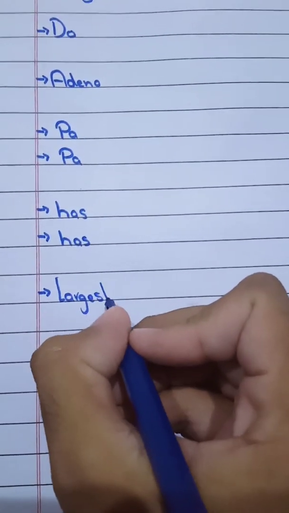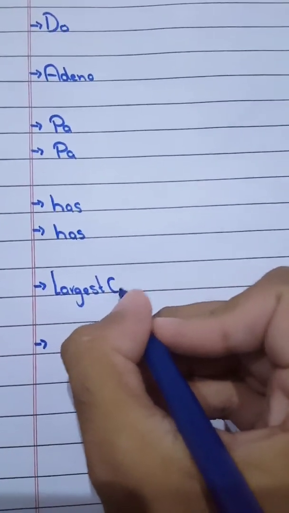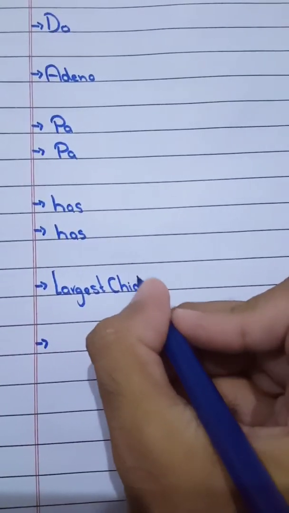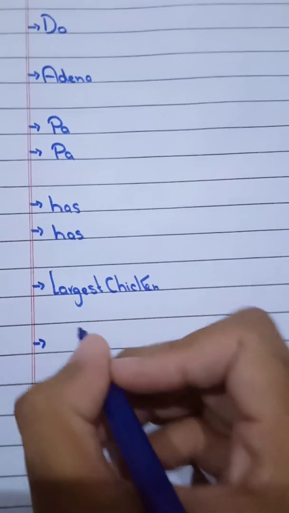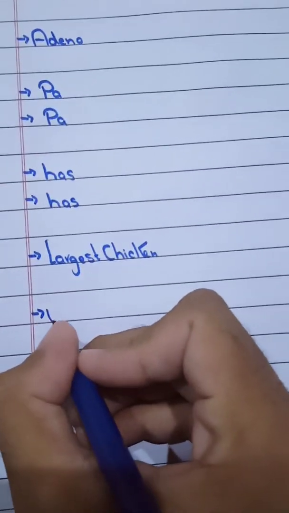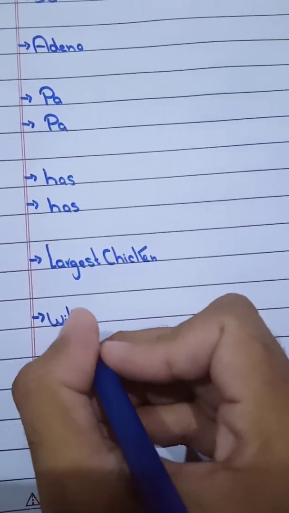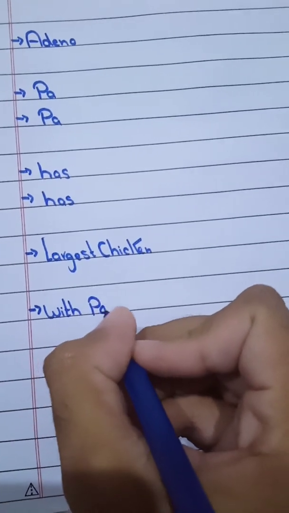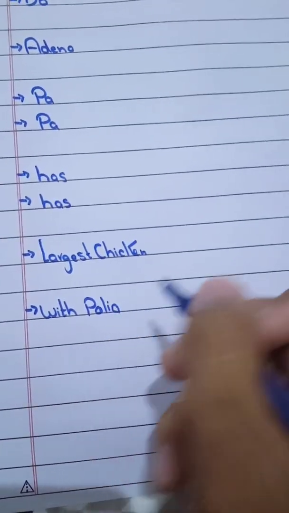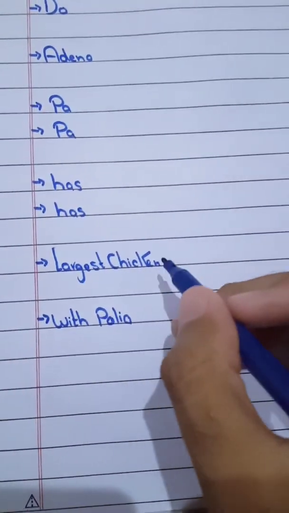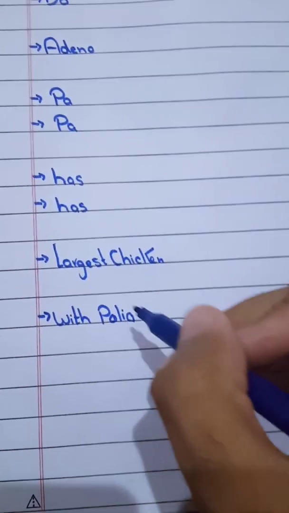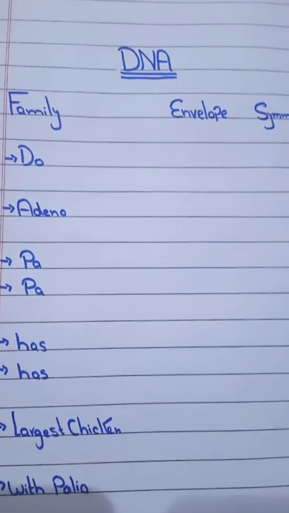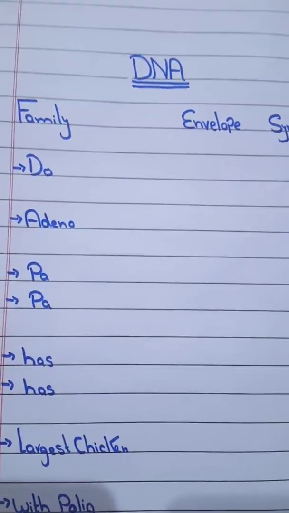It's a somewhat funny mnemonic. Next is with polio. So adeno papa has a largest chicken and the chicken is infected with polio virus. So sad. So let's see how to decode these mnemonics.